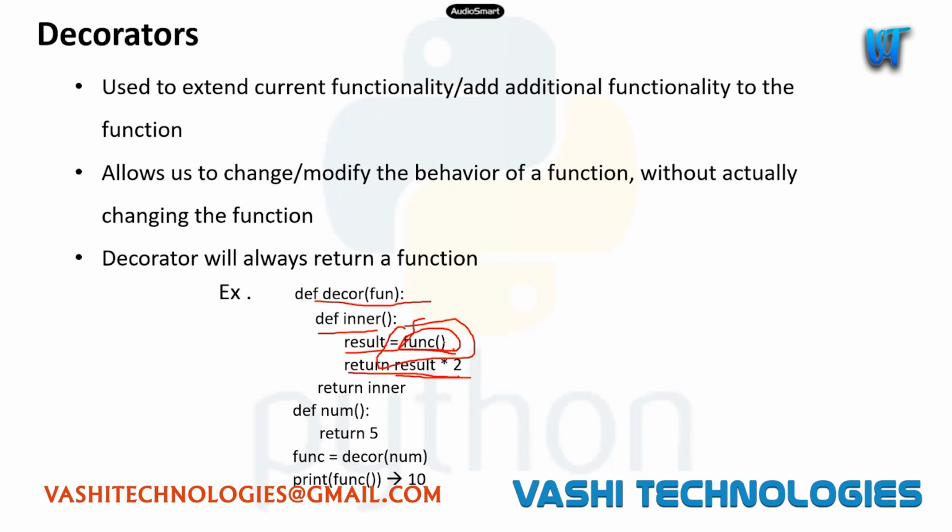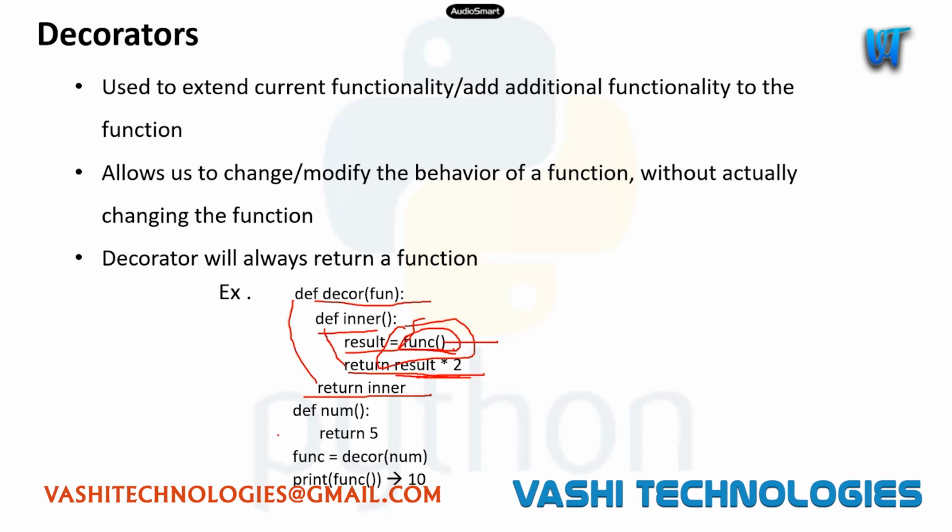Whichever result this function is giving us, it is providing us that result multiplied by 2 in this case. And this return inner is for the outer function. You have seen nested functions, right, and the other return is for the inner function.